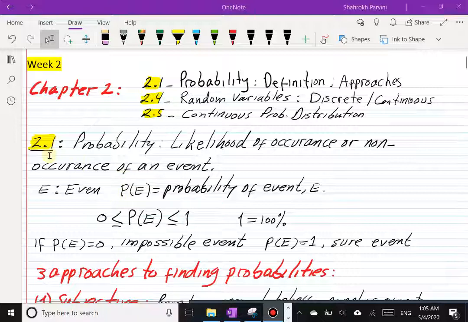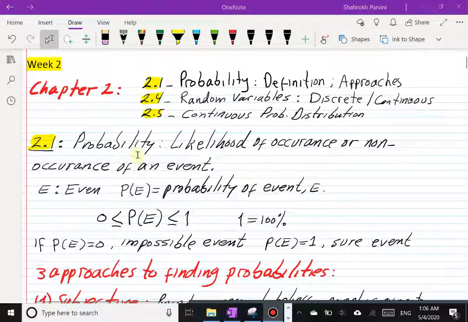So let's begin in section 2.1. In section 2.1, we're going to define probability. Here's my one-sentence definition of probability. I'm sure we've all heard about probability before. We even make our own probability statements and hear about probabilities all the time. So this is one way to define probability.